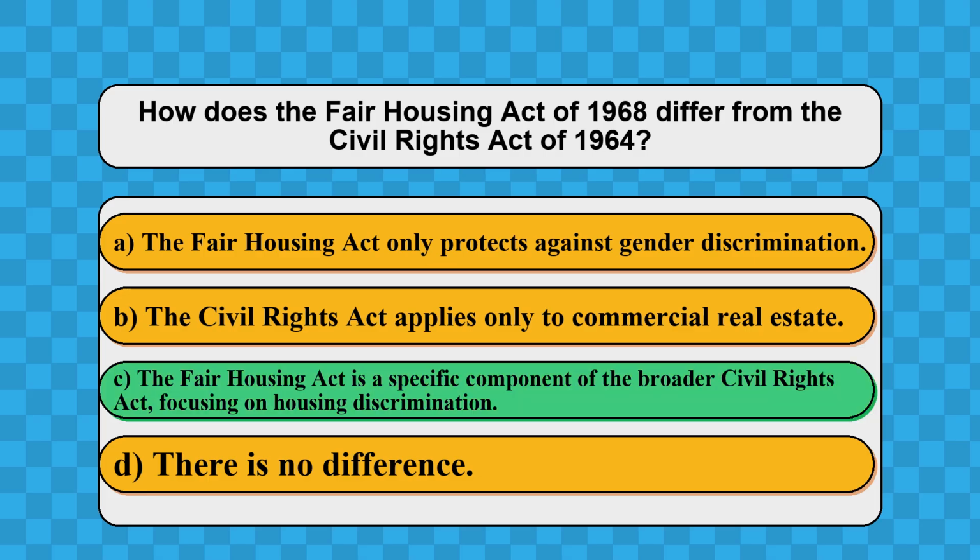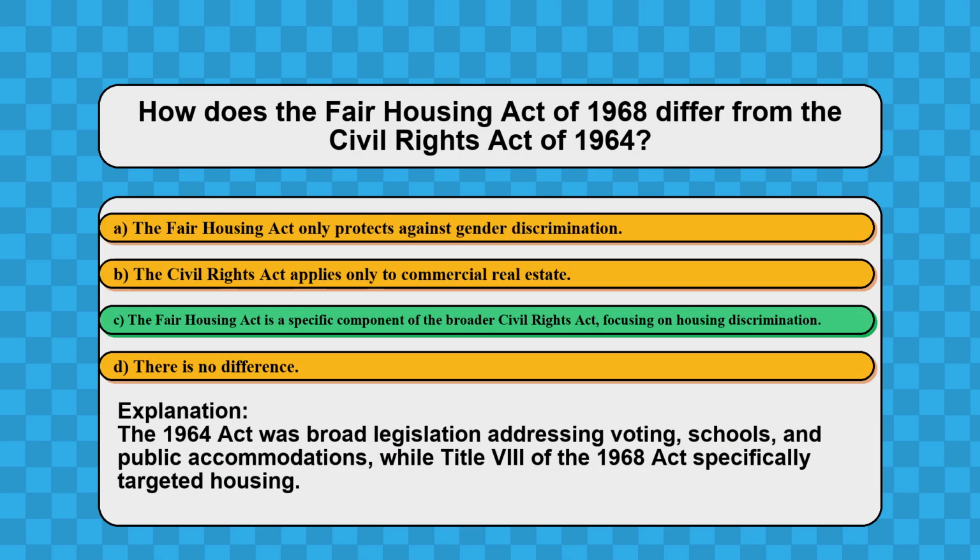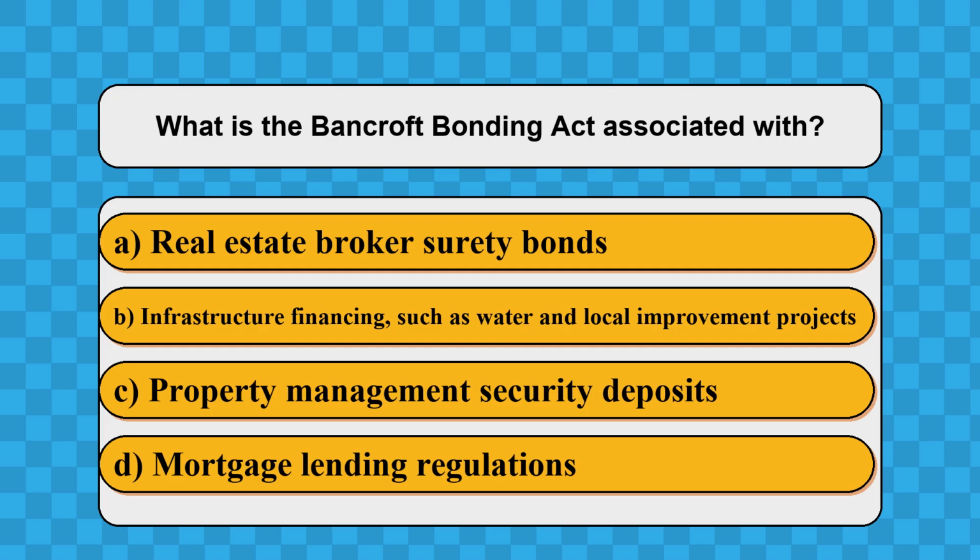The correct answer is option C. The Fair Housing Act is a specific component of the broader Civil Rights Act, focusing on housing discrimination. The 1964 Act was broad legislation addressing voting, schools, and public accommodations, while Title VIII of the 1968 Act specifically targeted housing.